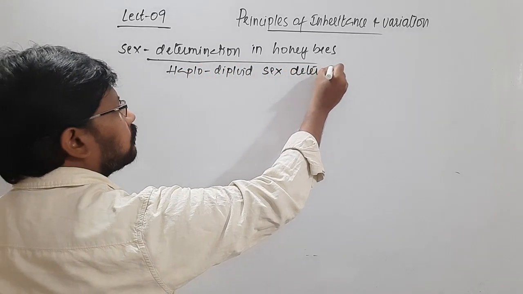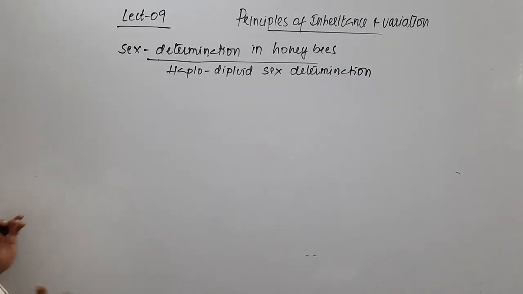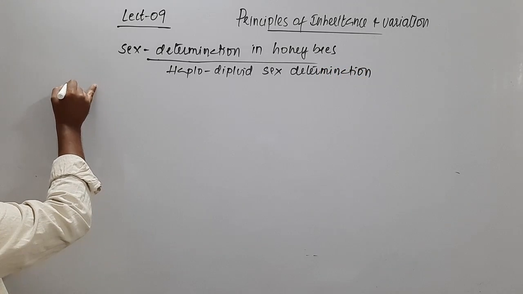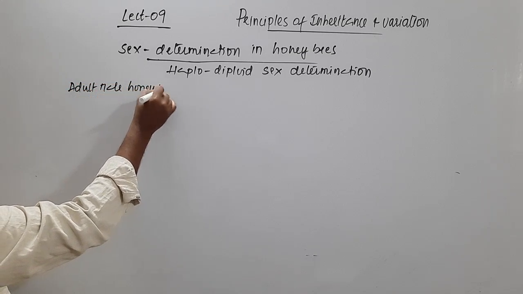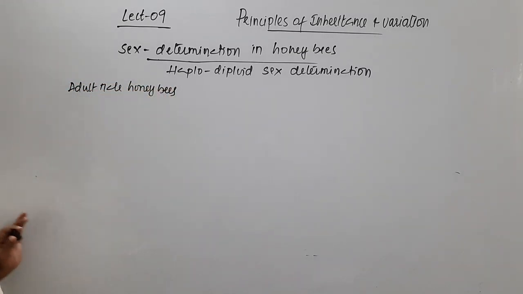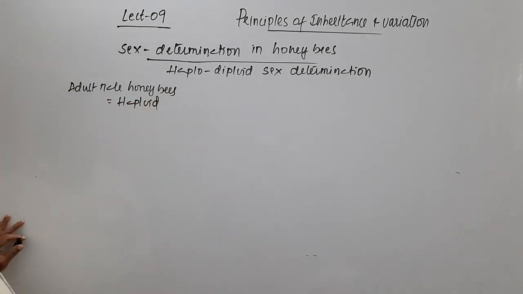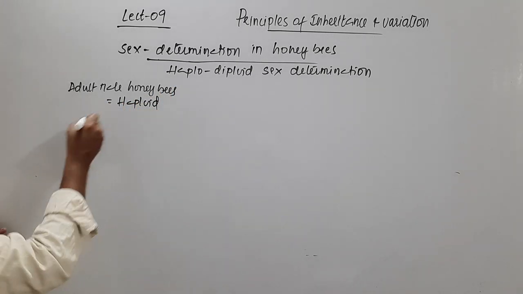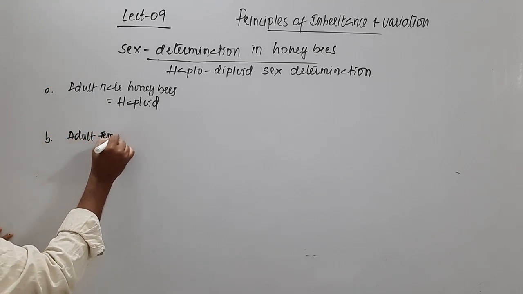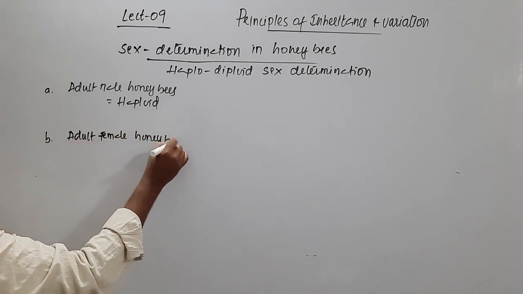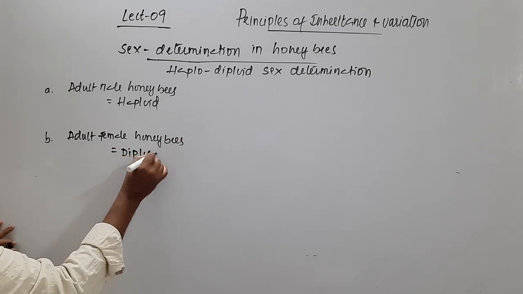Why is it called haplodiploid sex determination? In case of adult male honeybees, the adult male honeybees are haploid. Whereas the adult female honeybees will be diploid.